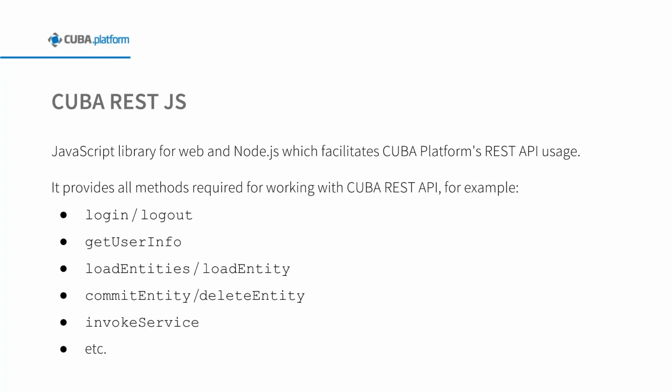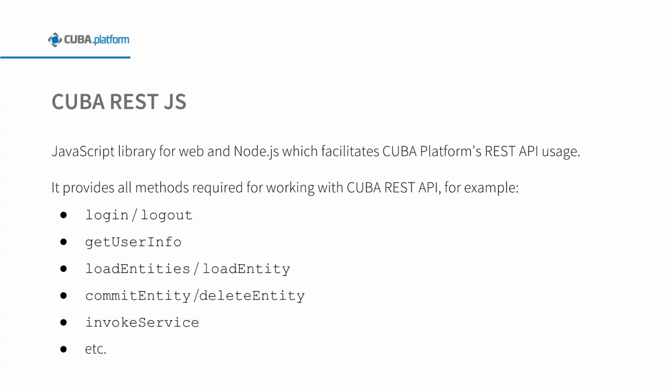Load entities and load entity are used to load list of entities or a single entity. Commit entity, delete entity are used to create, update, or delete an entity. Invoke service is used to execute a method of the service, and many others, along with several model classes such as userInfo, user permission, and so on.